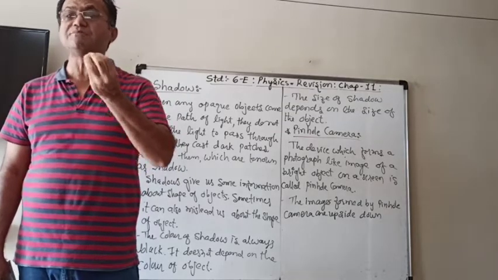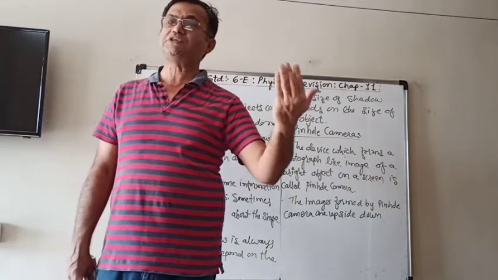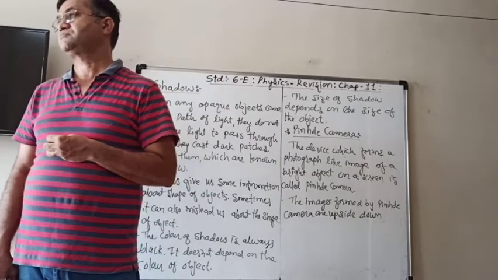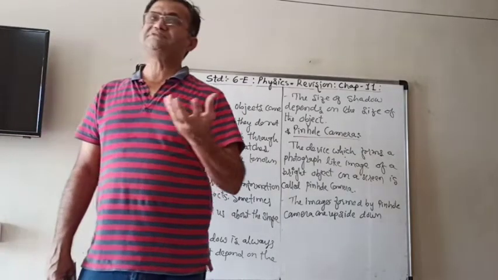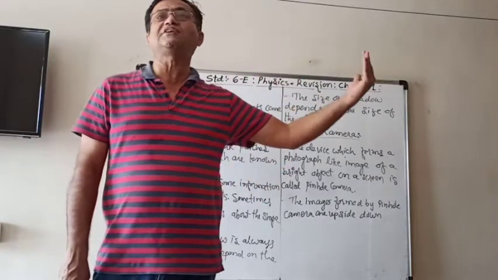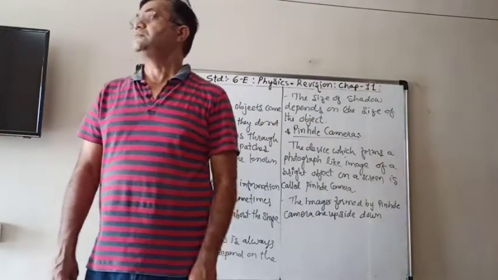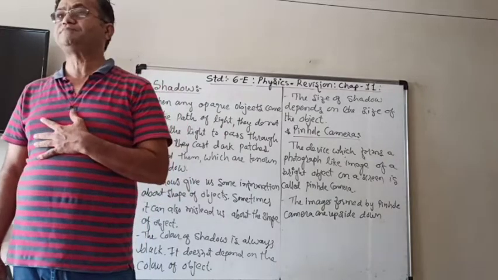Sometimes it can mislead you, because it depends on how the light is falling on that object. When the light is exactly on the side, your shadow will be of the same shape.